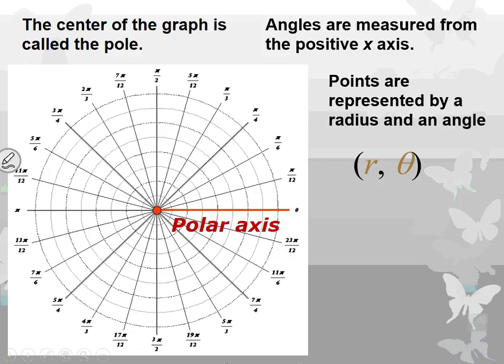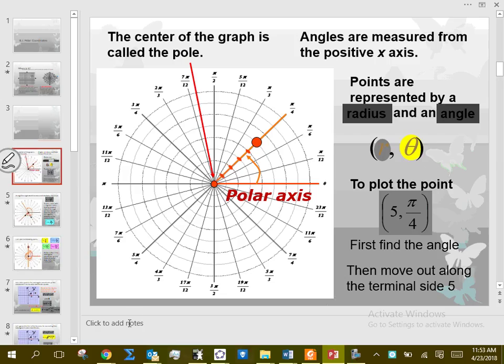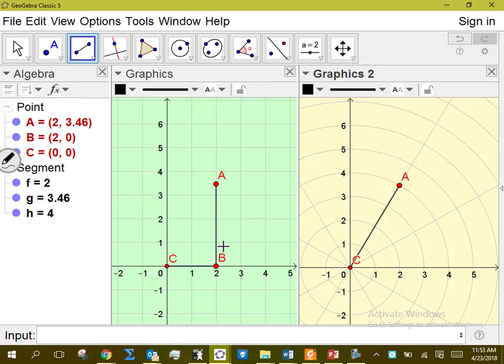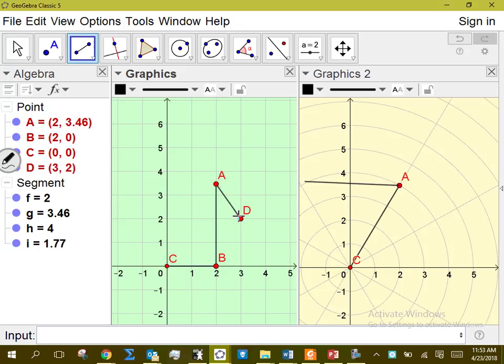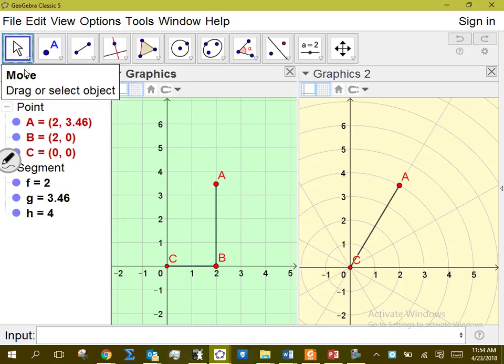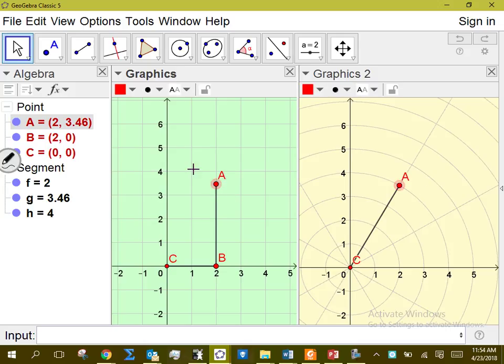I'm going to hop out of this real quick and show you what I was doing over here. So this point A, you see when I highlight A, it knows that A is the same point in both systems. Right now, A is located as an x comma y, so over 2 and up 3.46.